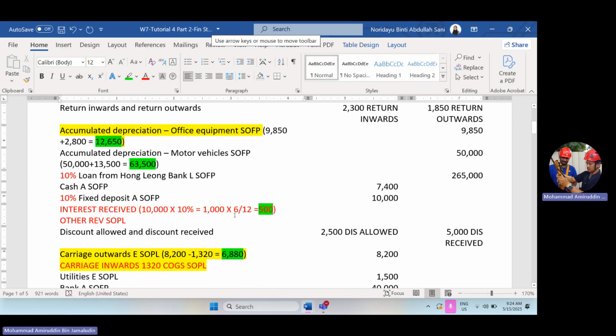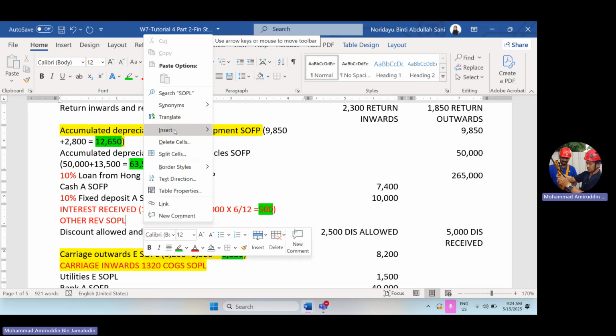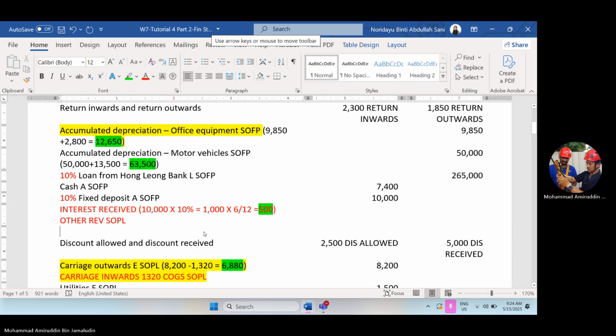So I charge this 500 in the interest received. Not only that, you haven't received this interest, right? So you have accrued revenue. What is the double entry? Credit interest received, debit accrued interest received. Just now, depreciation expense and then another one, accumulated depreciation.